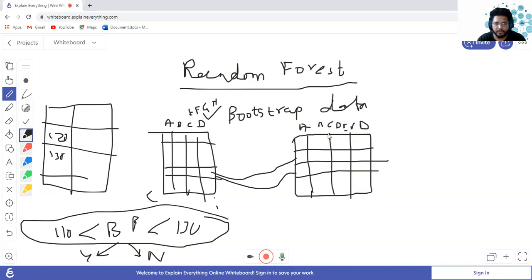So this is my bootstrap data, and from it I want to create a decision tree, but I will not consider all the columns. I will only consider a subset of the columns.